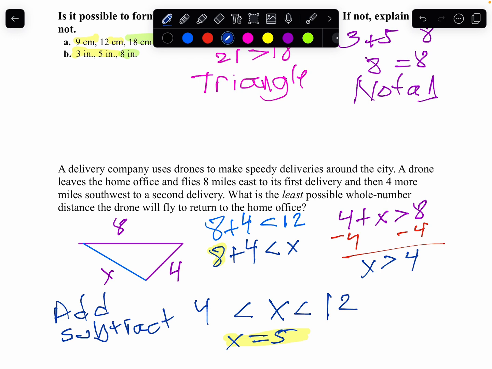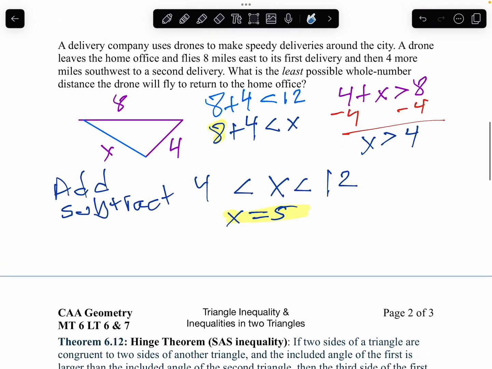Now, if you did like 4.01, it would be an extremely obtuse triangle. And then based on the directions, we'll learn later how to actually find that missing side. But right now, we're just going to look at, is it a triangle? There we have it.